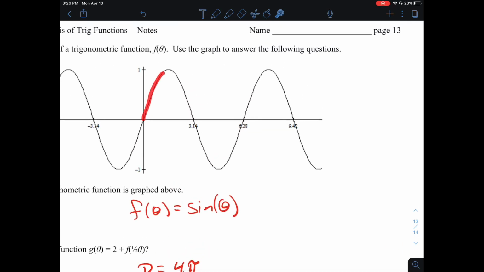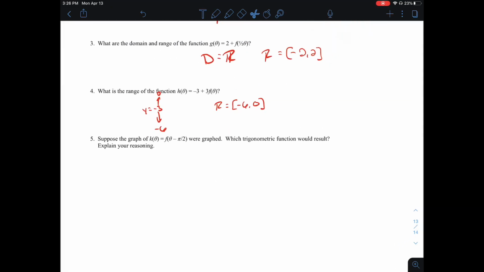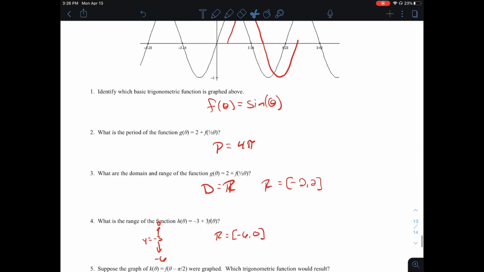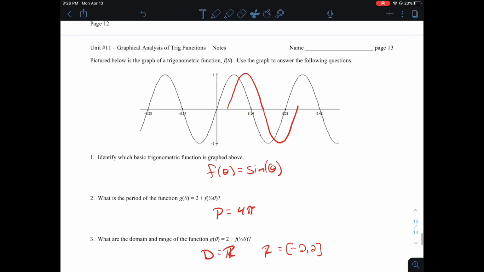So we got this graph right here. If we move this to the right pi over 2, I don't understand the question. Which trig function would result? None of them would result.